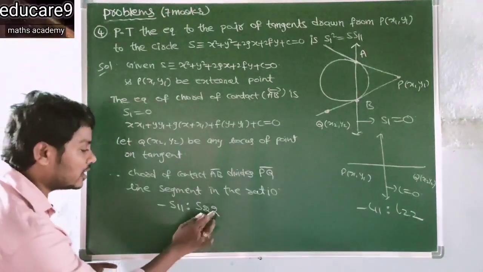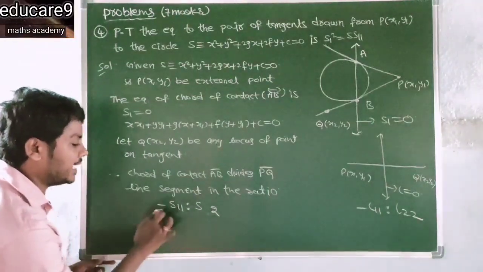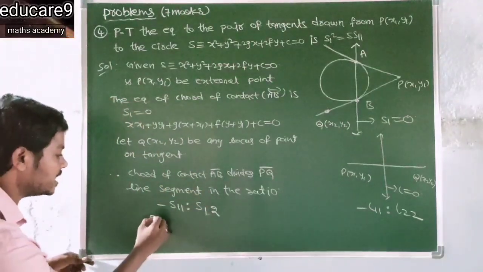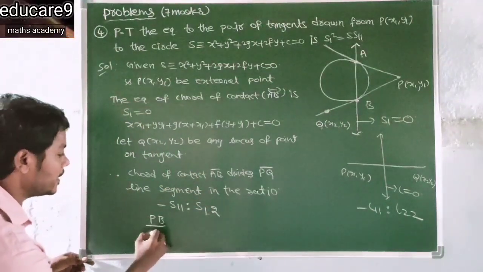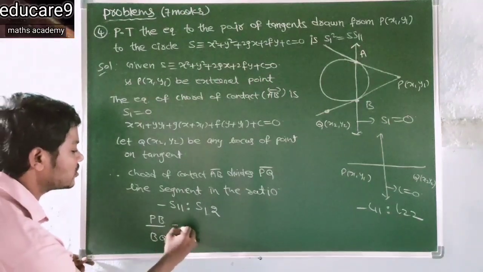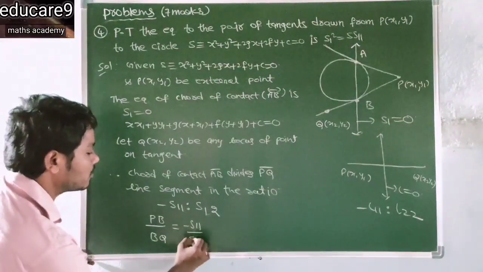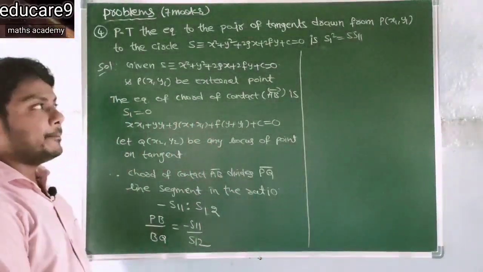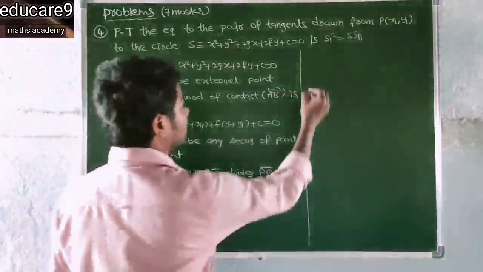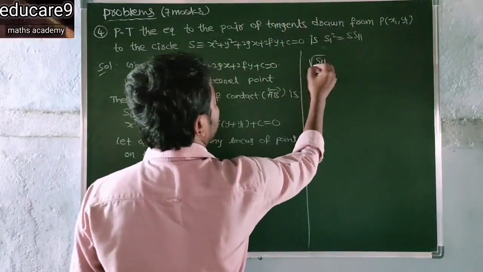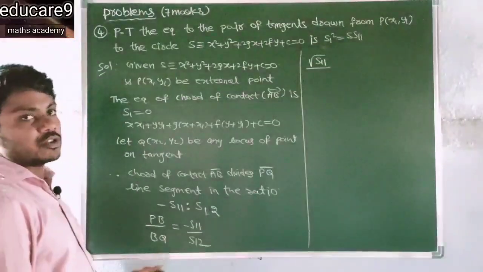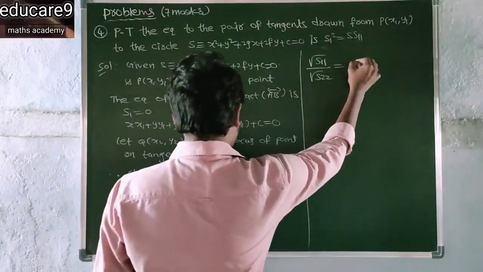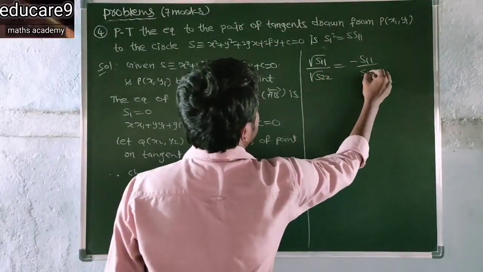So therefore the ratio is what? Minus S11 is to S12. That is PB by BQ equals minus S11 by S12. Now what is PB? PB is the length of the tangent, that is root S11, and BQ is also the length of the tangent, that is root S22, equal to minus S11 by S12.